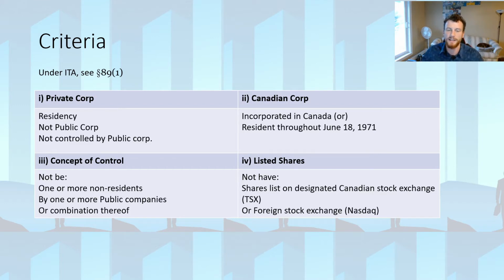We're going to discuss this in a later slide because it's a little bit more complicated. We'll skip to part 4, which is listed shares. It cannot have its own shares of a company listed on any designated Canadian stock exchange, such as the Toronto Stock Exchange, or on a foreign stock exchange that is designated by the Minister of Finance, generally, such like the NASDAQ.